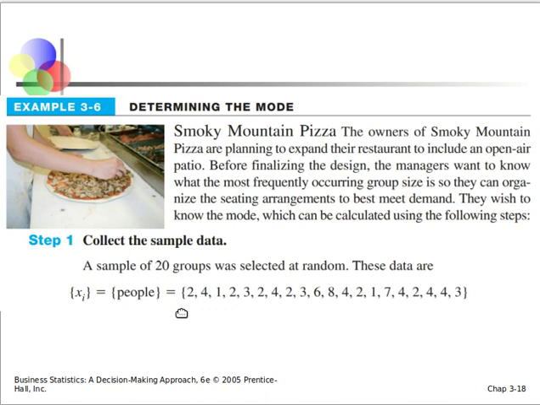Before finalizing the design, the managers want to know what the most frequently occurring group size is so they can organize the seating arrangements to best meet demand. They wish to know the mode, which can be calculated using the following steps.